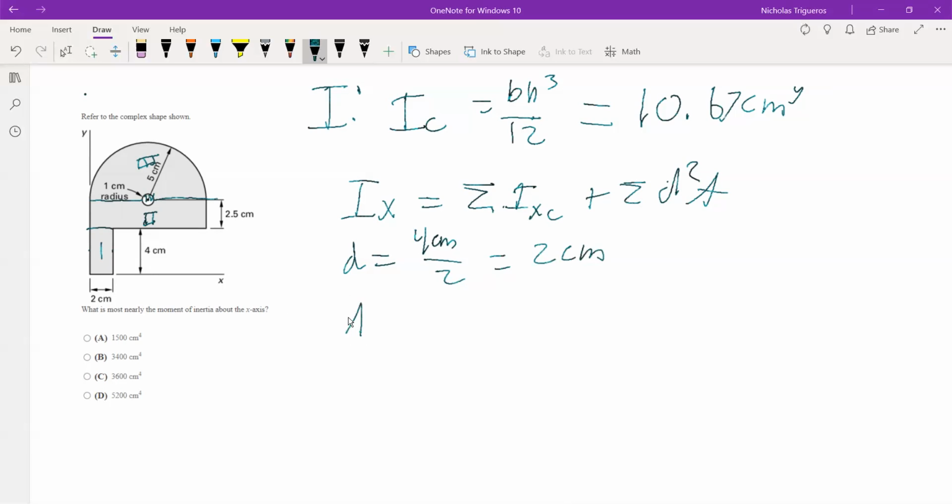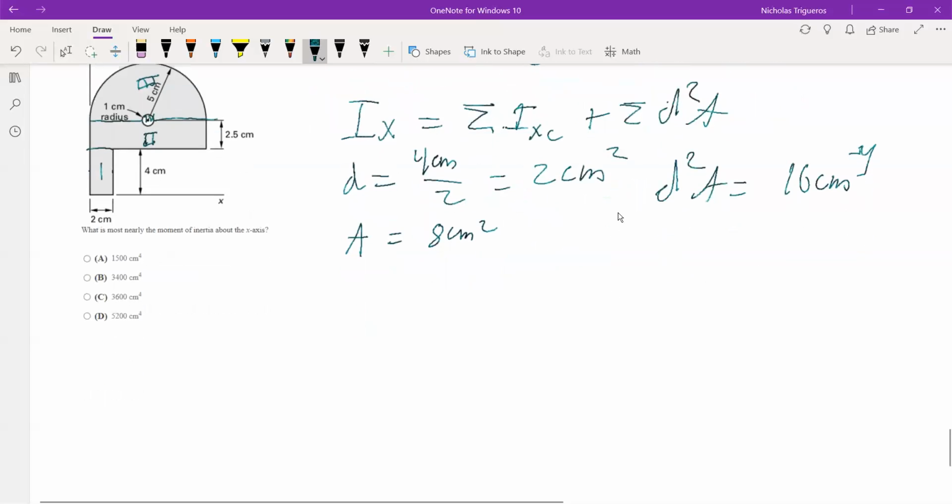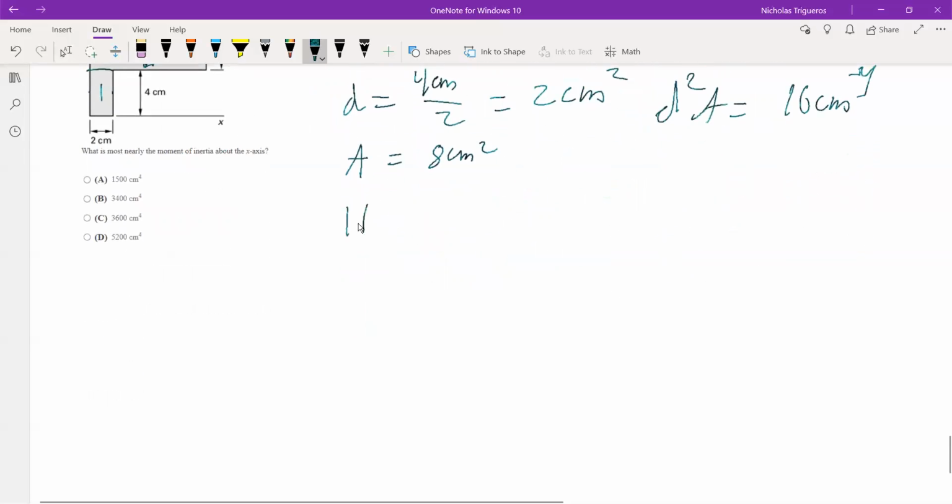And A is 8 cm squared. So D squared A is going to be 2 times 4, 16 cm to the 4. That's actually squared. Yeah. All right, cool. Okay.